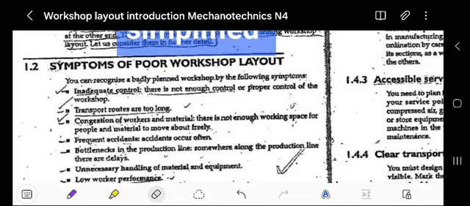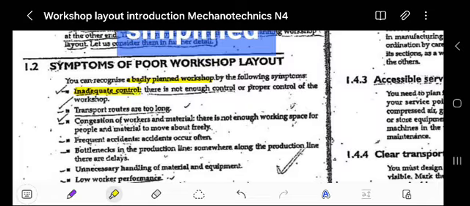As you can see, you can recognize a badly planned workshop by the following symptoms. Poor planning, badly planned workshop: inadequate control.